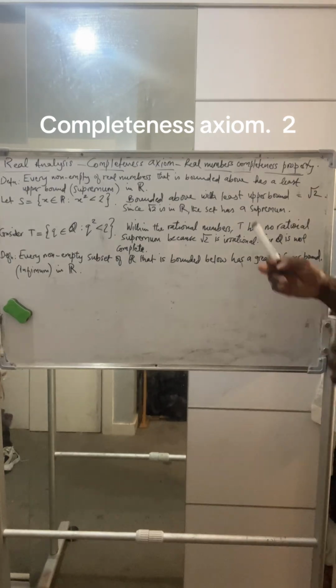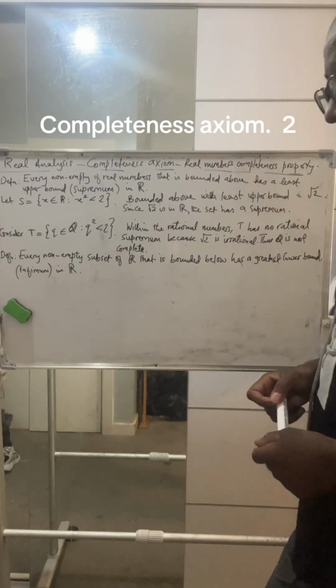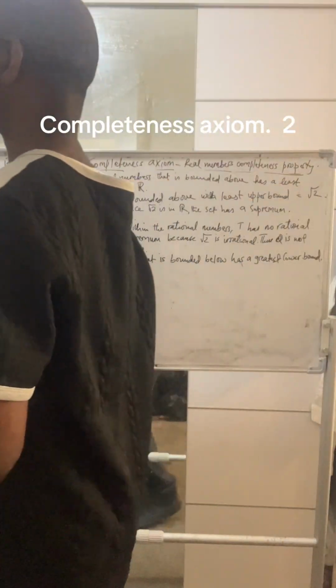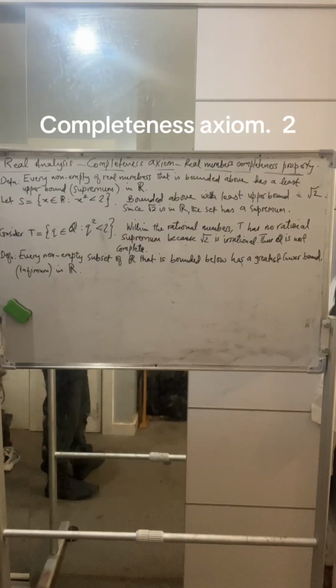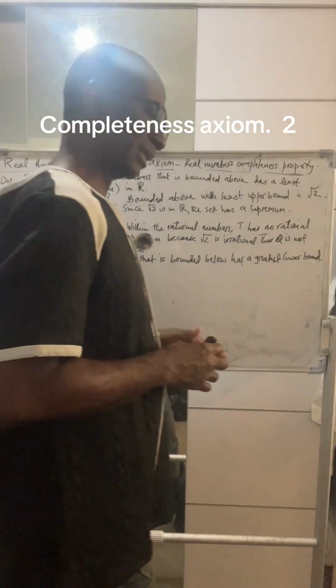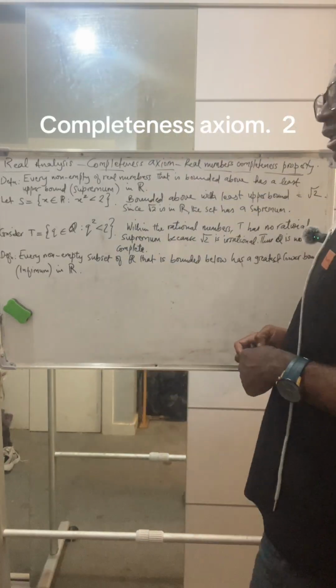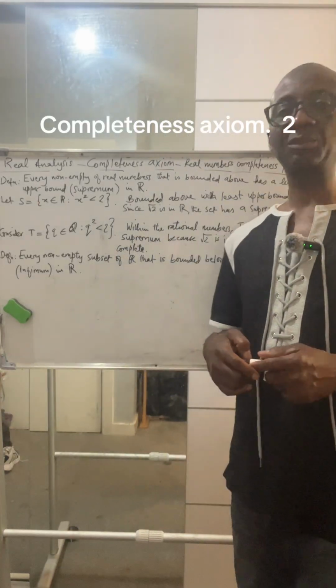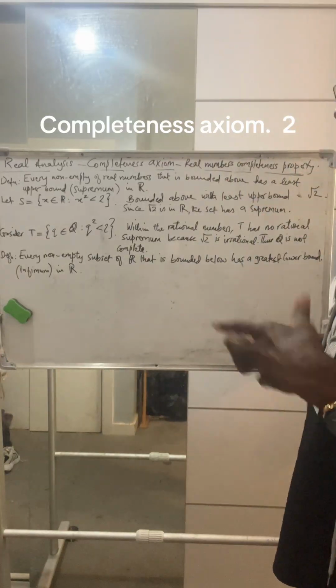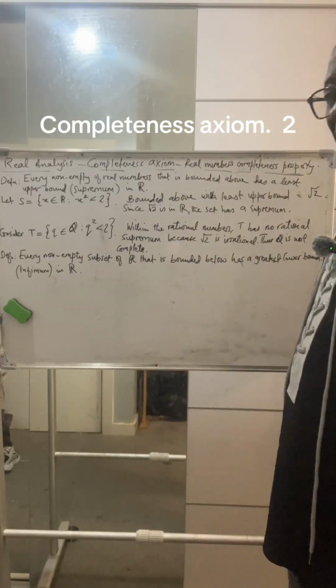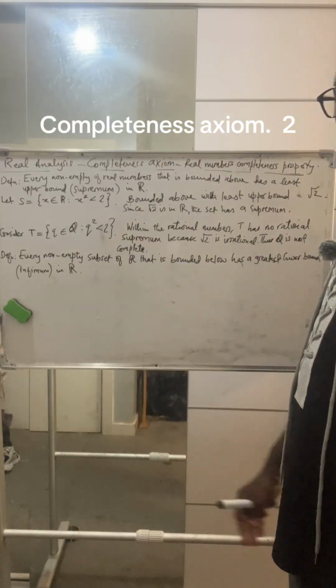So what is an axiom? An axiom is something like an accepted idea in mathematical terms. It's an idea that people accept to be true. For example, they ask you 2 plus 2 is 4.